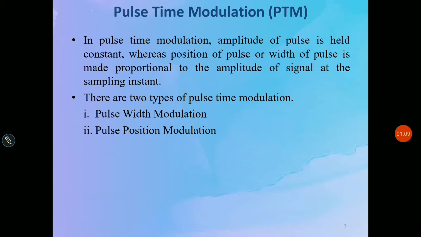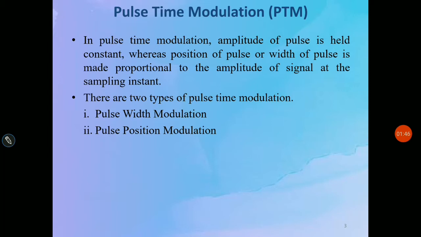That means the amplitude is fixed, whereas the position or width of the pulse is made proportional to the amplitude of the signal at the sampling instant.